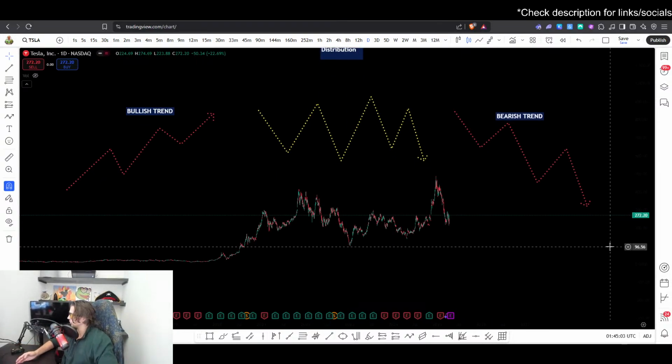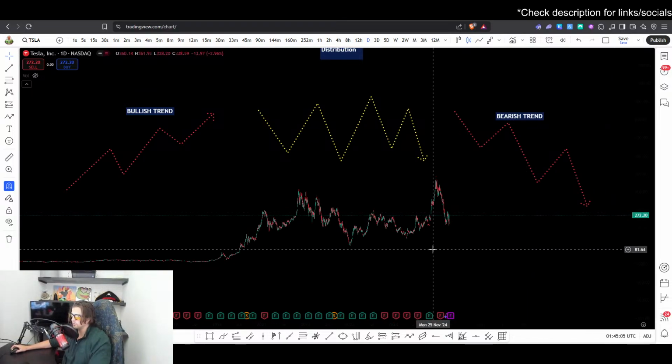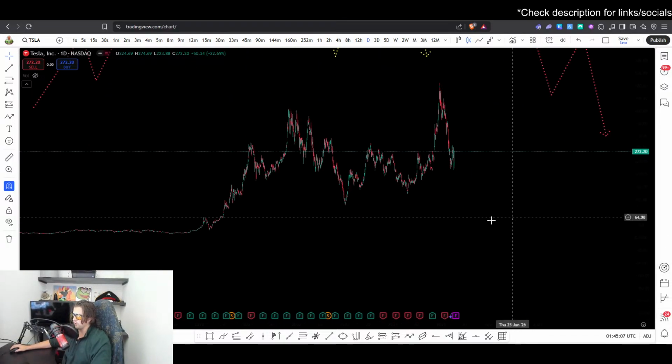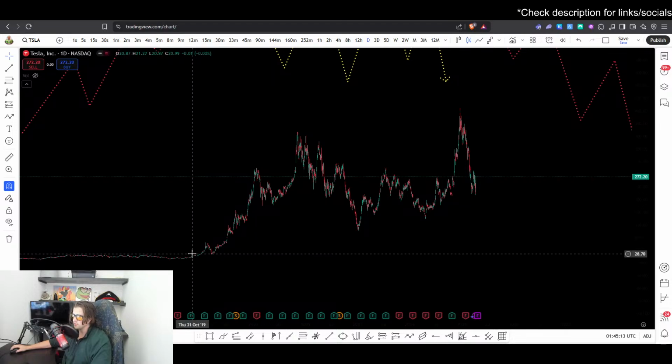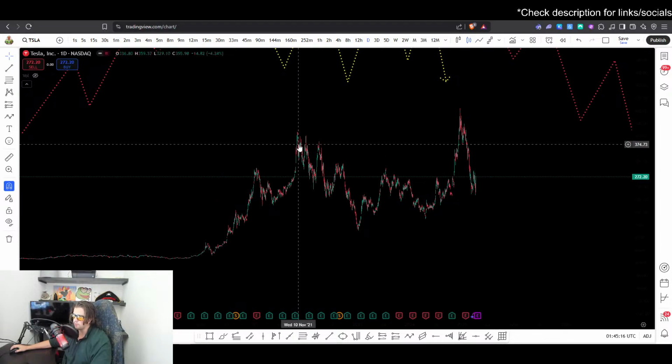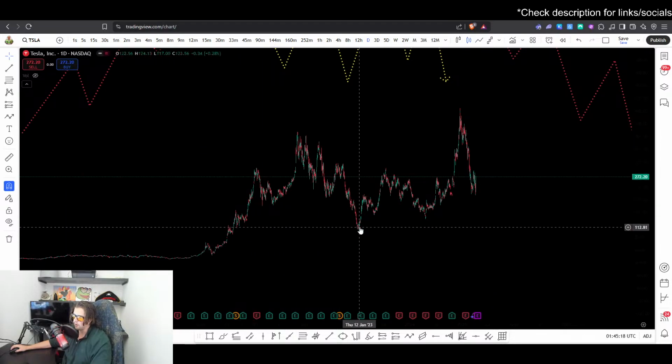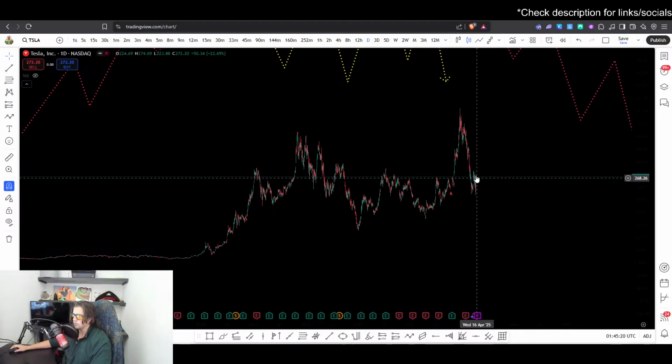Just looking at Tesla, from a structure standpoint, where do we think price is going? Well, like I said, the trend is your friend. We had bull trend, bear, range, bull, bear.